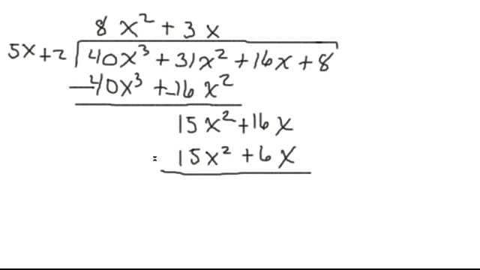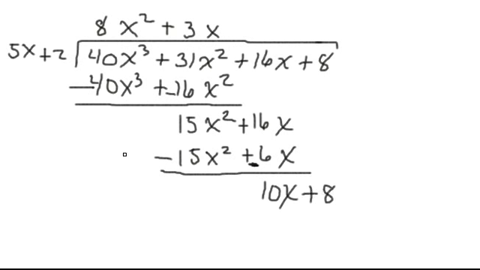And of course we do the minus, so that makes that now a negative. And so that's going to become a 10x, right, 0, and then that's a 10x. I'm going to bring down this plus 8 here.